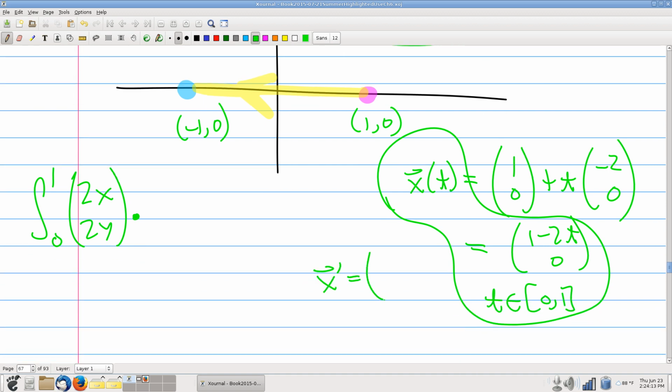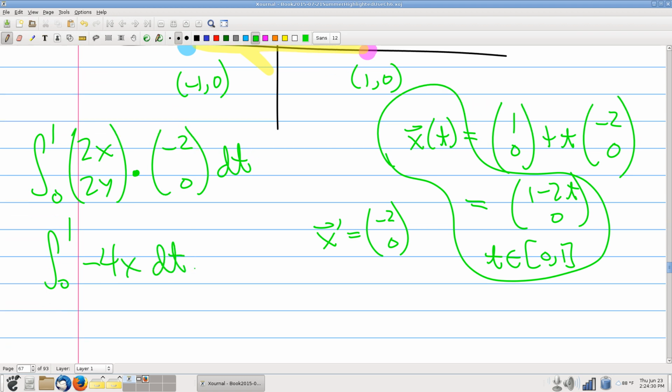X prime, by the way, easy to compute. That's just -2, 0. dt, so I have integral from 0 to 1 of -4. Oh, wait a second. Well, -4x, sure. But what is x? Let's see here.